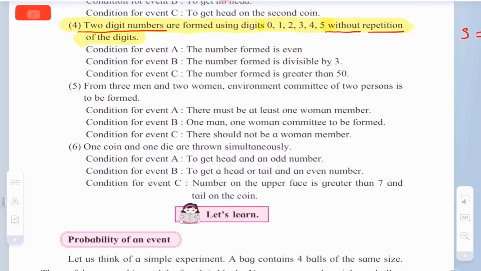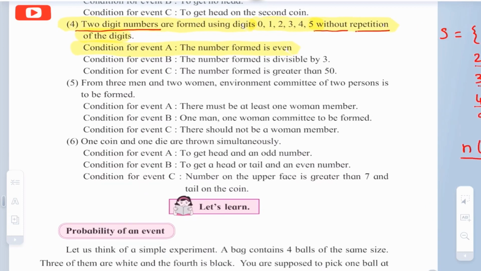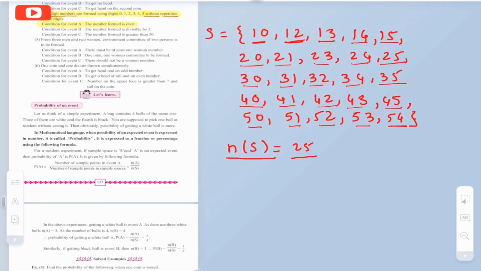Now, let us see event A. Condition for event A is the number formed is even. So let us see S again. Which are the even numbers?